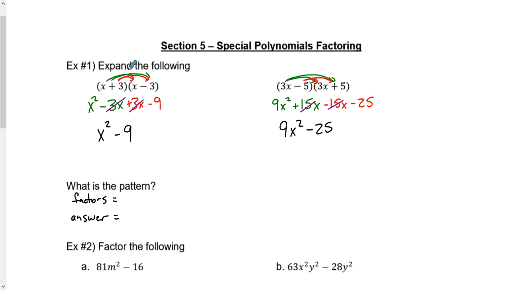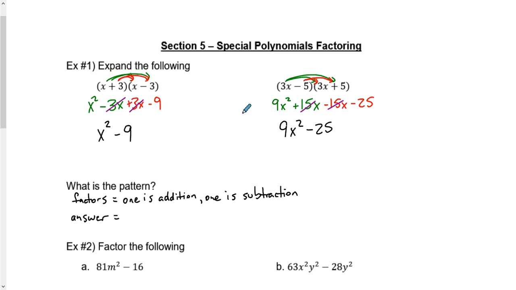For example, in the factors, you can see that one is an x add 3 and one's an x minus 3. One's a 3x minus 5 and one's a 3x add 5. So one is addition, one is subtraction.